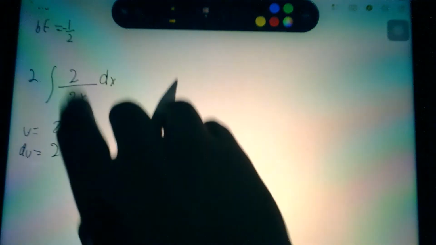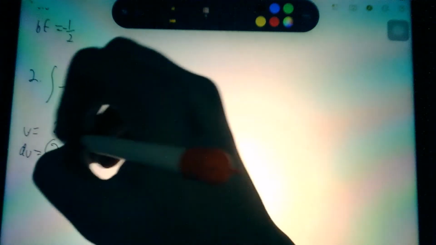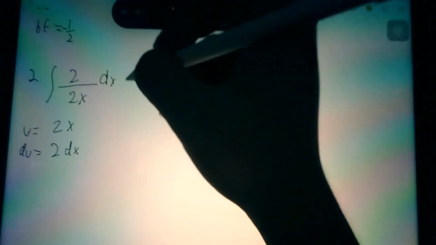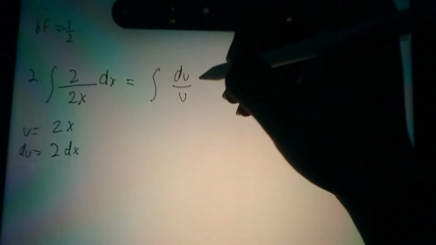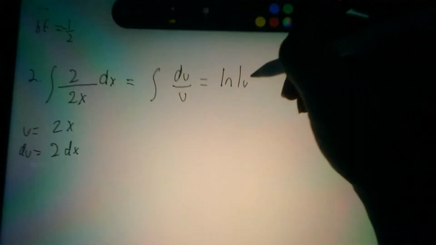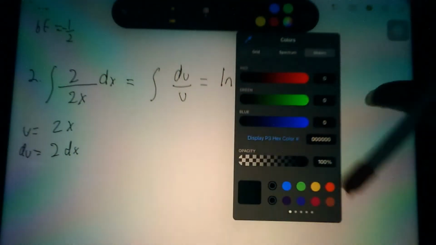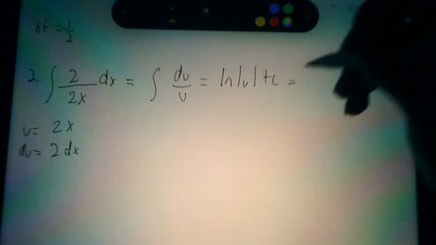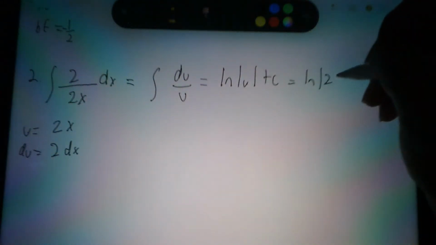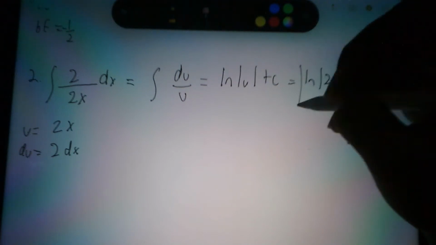Our du is 2 dx. There is no balancing factor here because 2 dx here is the same as 2 dx here. So let's rewrite our equation to the integral of du over u, which is equal to ln of u plus c. Let's substitute back our u, which is 2x, so ln of 2x plus c. This is our answer for problem number 2.